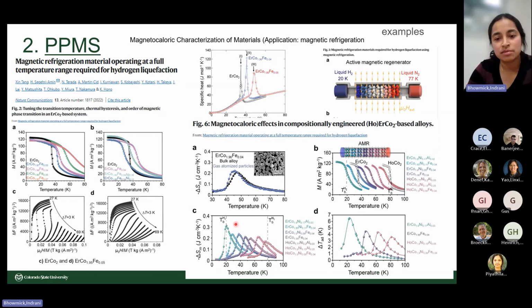And then using the similar heat capacity, you can see also the change of magnetic field. So PPMS has a magnetic field which can be swept while doing this measurement, and temperature can be swept, and the magnetic moment could be measured.